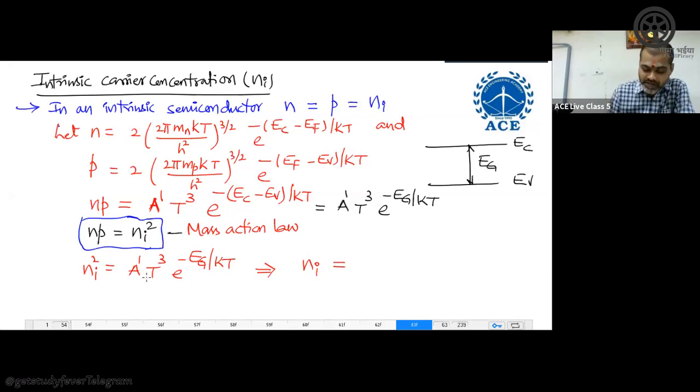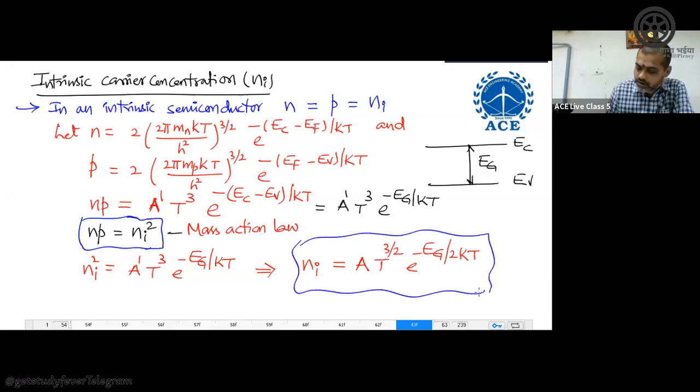Under root of A dash, you will get some other constant A into t power 3 by 2 into e power minus eg divided by 2 kT. Just I am taking the under root. Am I clear? I'm just multiplying whatever constants I have, taking them as one constant value, and putting the variables that are present.